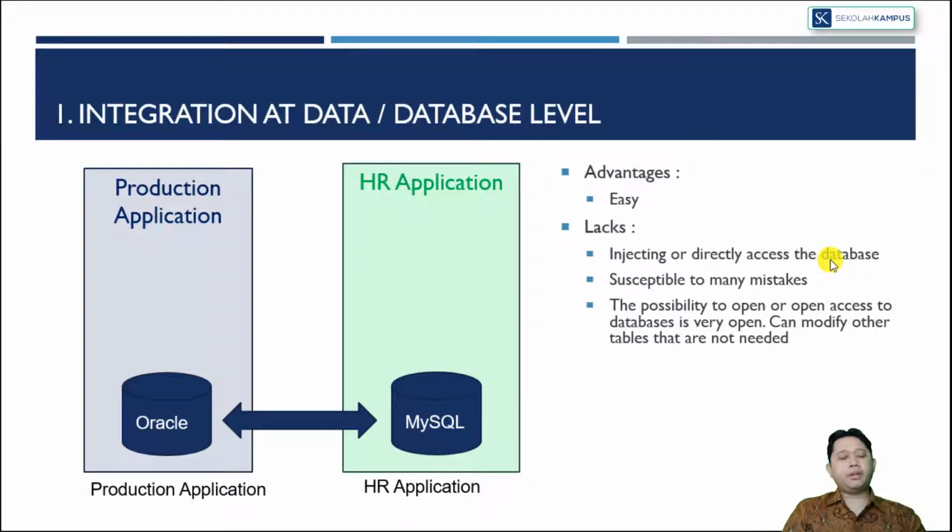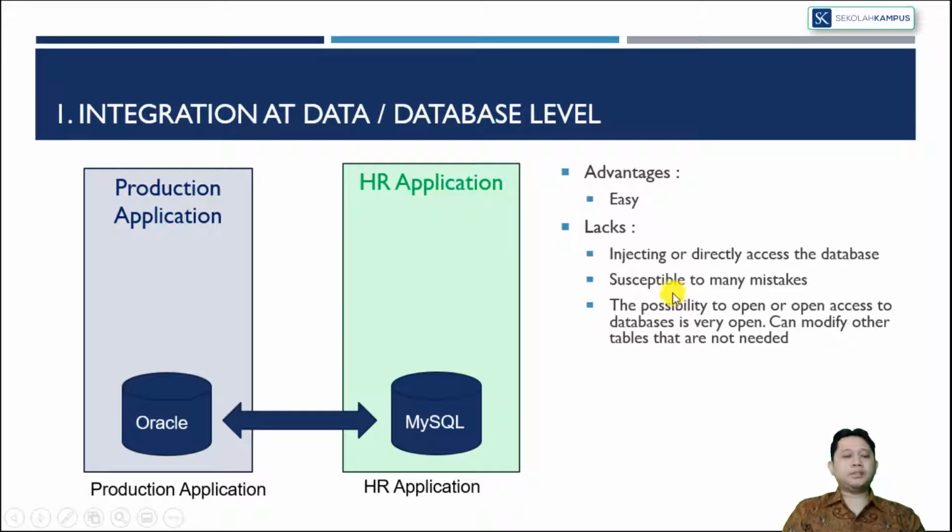Maybe we can say that this is a problem because there are problems with security or privilege. For the department of HR, we think that they don't have the privilege to access the full database of production.